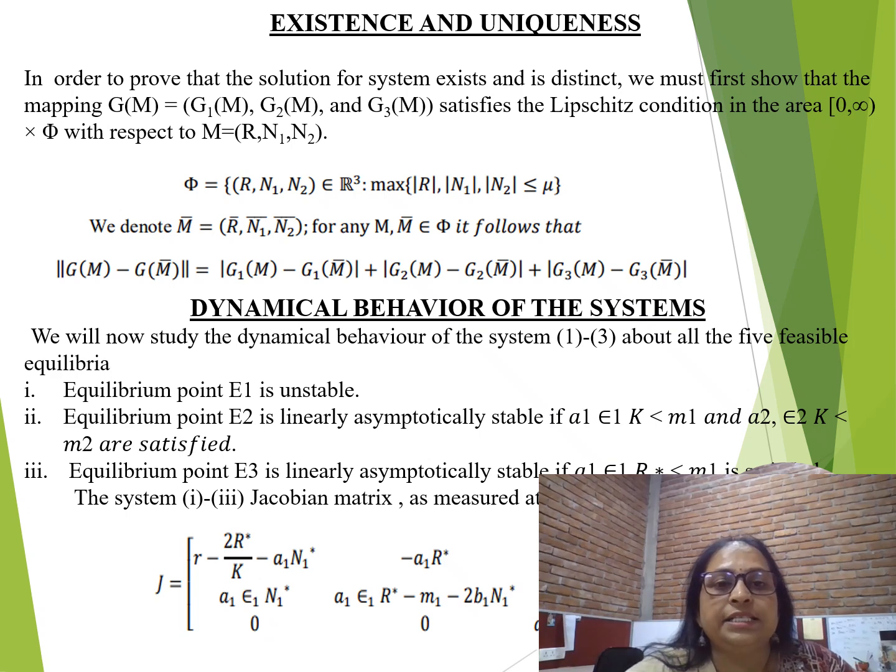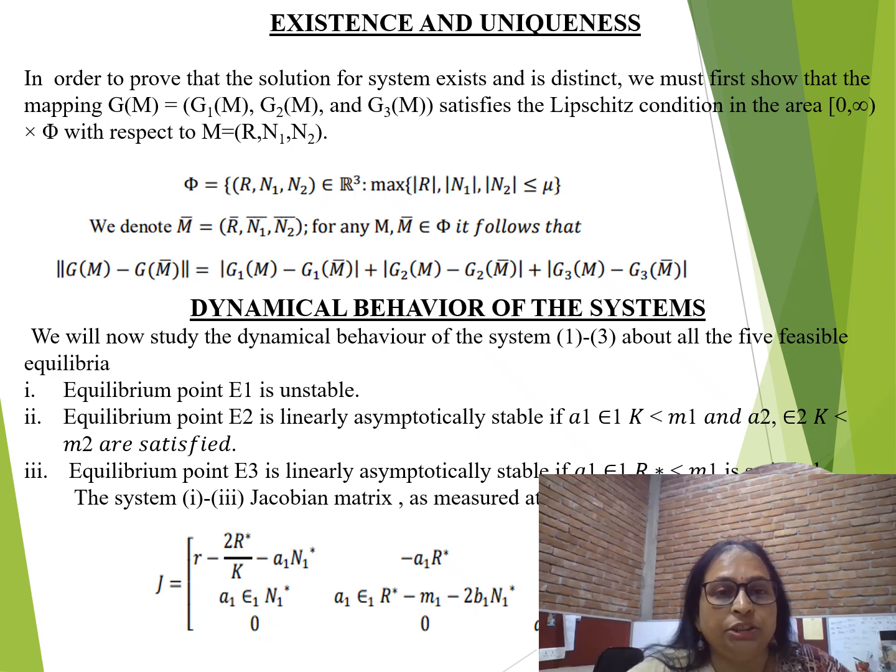Now, existence and uniqueness condition. In order to prove that the solution for the system exists and is unique, we must first show that the mapping G of M equals G1 M, G2 M and G3 M satisfies the Lipschitz condition in the interval 0 to infinity with respect to M equals R, N1, N2.